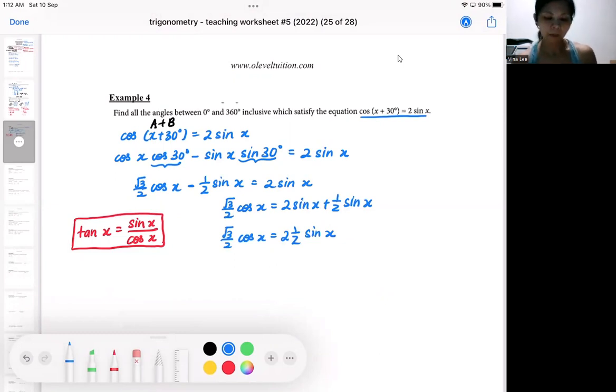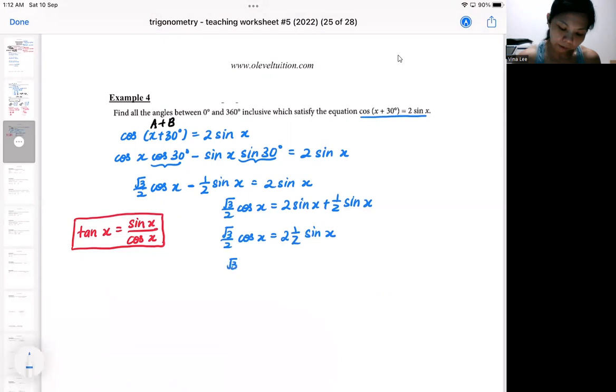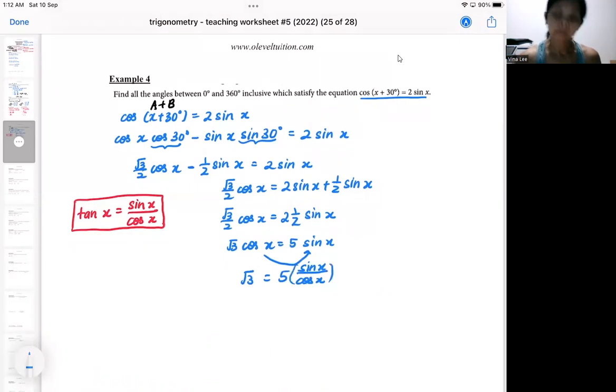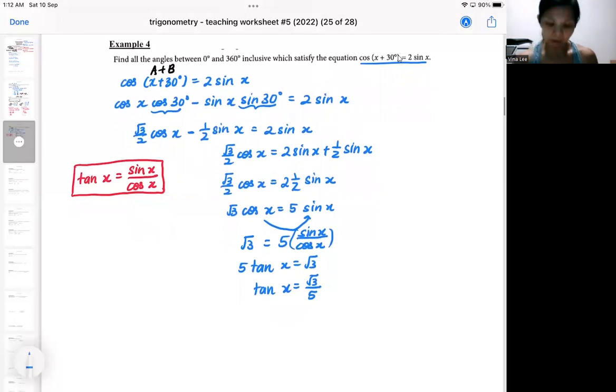To make things easier, I'm going to multiply by 2 on both sides first. Then I'm going to divide over. The reason I would like to divide over is to create the tangent function. I got to work until I got a single trigo function. Then I'm going to do my basic angle and my ASTC.